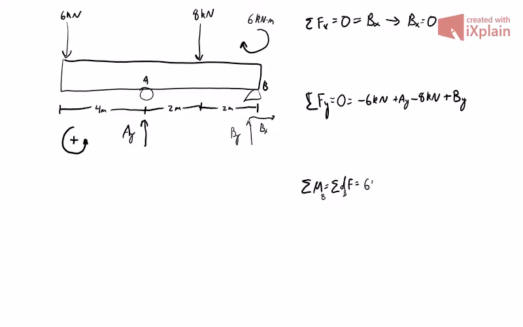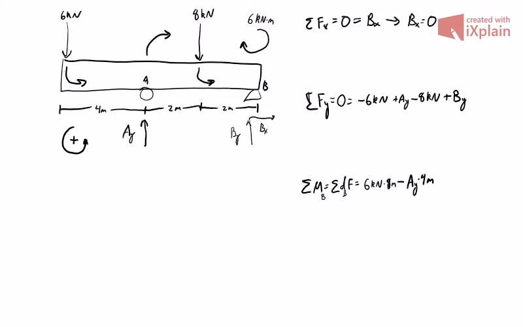Therefore, it is 6 kilonewtons times 8 meters, and it's positive because it's counterclockwise. Then we have our AY, which is 4 meters away, but it would cause a clockwise rotation. So our AY is going to be negative, so AY times 4 meters.